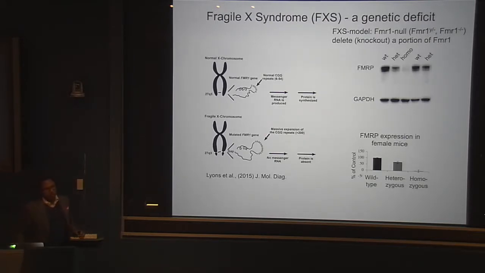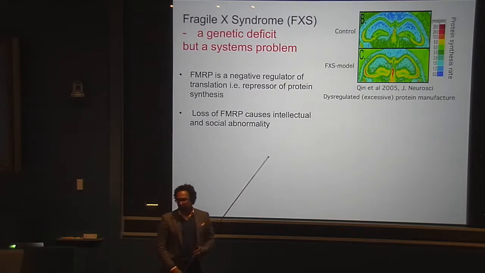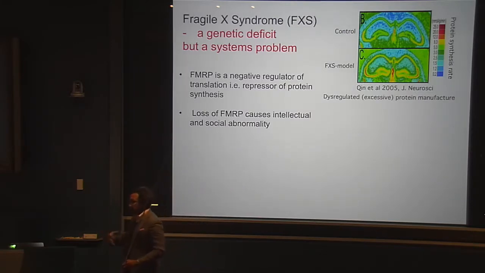What does this protein do? Well, it's very well understood that this protein is a negative regulator of translation. What that means is its presence is designed to repress and cause the neurons not to make as many other proteins, maybe 400 or so, a number in the hundreds, as quickly as they otherwise might.